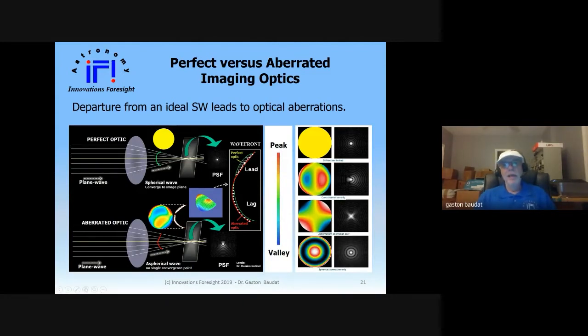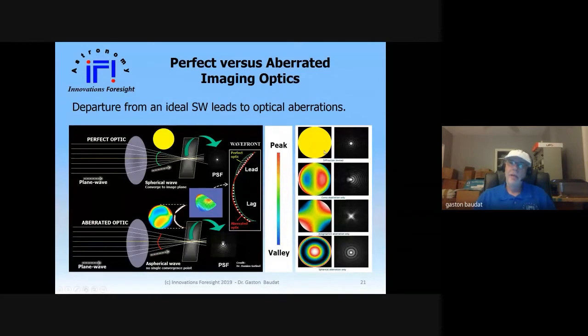And those lags and leads are typically shown in wavefront diagram color plots. So this is the error between a perfect spherical wave expected and the actual wave you see from your system. So if your system is diffraction limited, then there is no difference, zero, between the spherical and the actual wave.